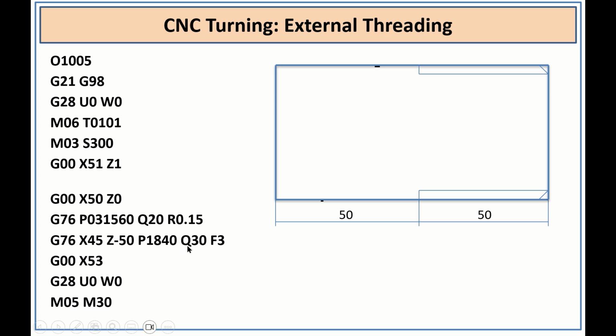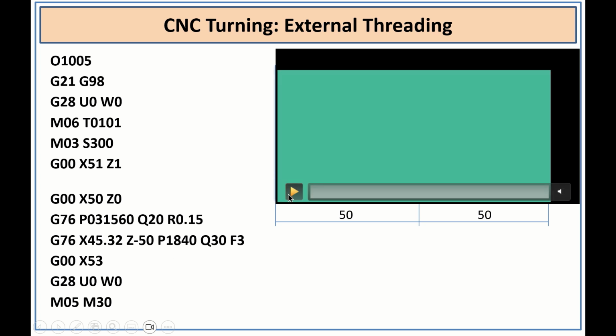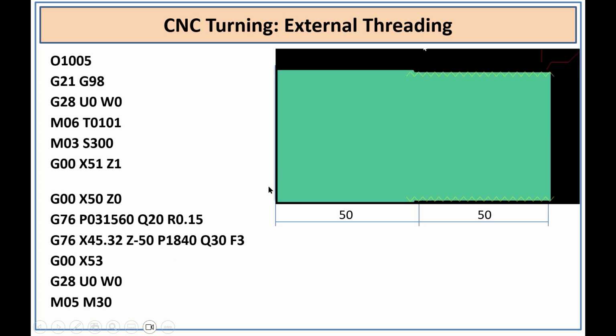So I mentioned here, and the Q 30 microns, that means the initial cycle depth I mentioned as 30 microns, and the remaining cycles will take 20 microns only, F 3, and this is the pitch of the thread. Then it will go to X50 and home position, and it will stop the spindle. So this way we will perform the threading operation. So if you perform the threading operation, see here it is the same thing.